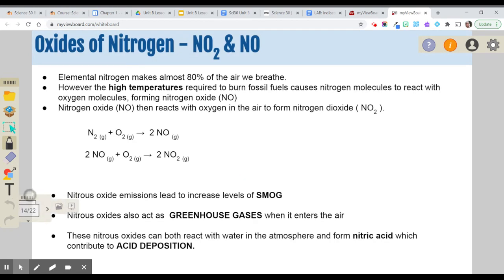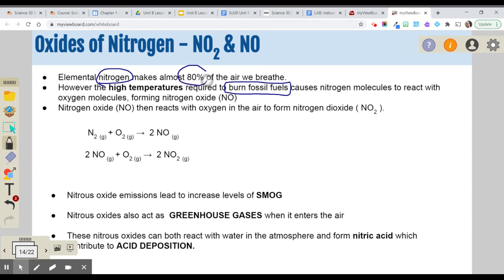Okay, moving on to some other oxides that cause acid deposition. And both of the oxides that we're about to see, one of the ways that they are created is when fossil fuels are being burned. Okay, so in our atmosphere, normally, nitrogen is actually the largest component of the air we breathe, and yet we don't use it.